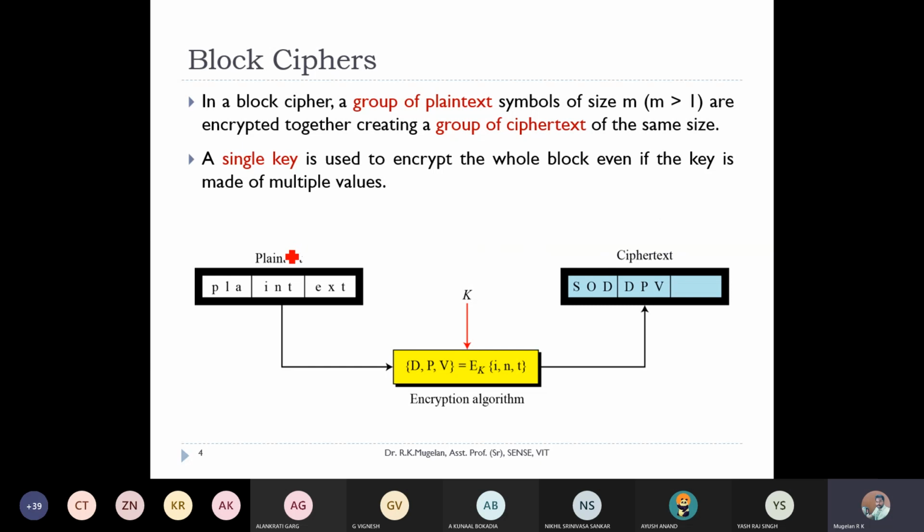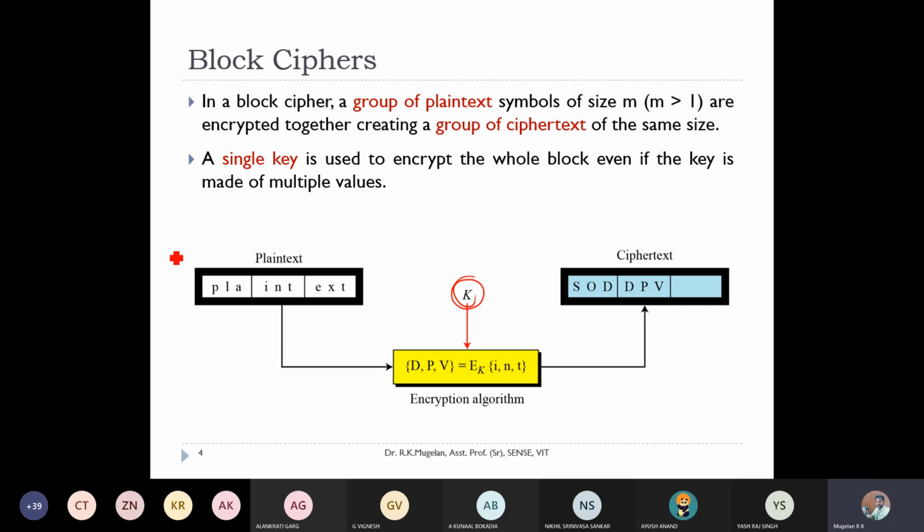Whereas in a block cipher, we group the plain text symbols into groups. The group size is user-defined, and generally it should always be greater than 1. We use only a single key to encrypt the entire block.